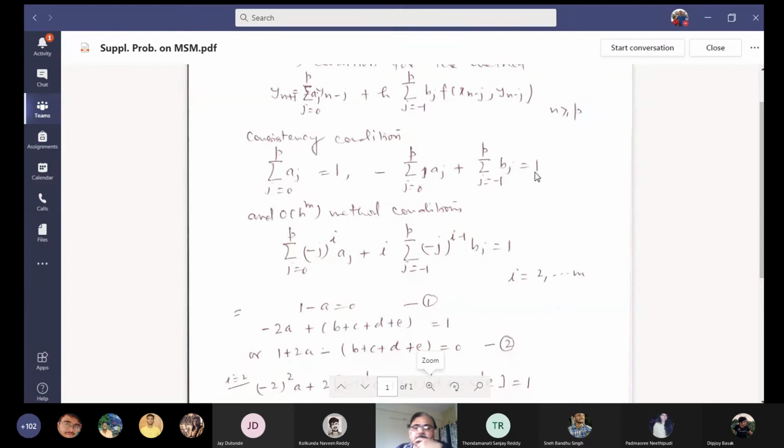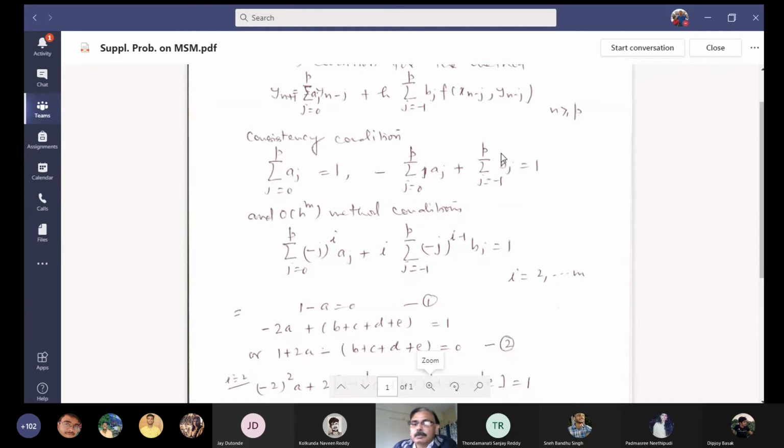The term is a into y_{n-2}, which corresponds to j equal to 2, so j into a_j means 2 times a, with the minus outside, minus 2a.